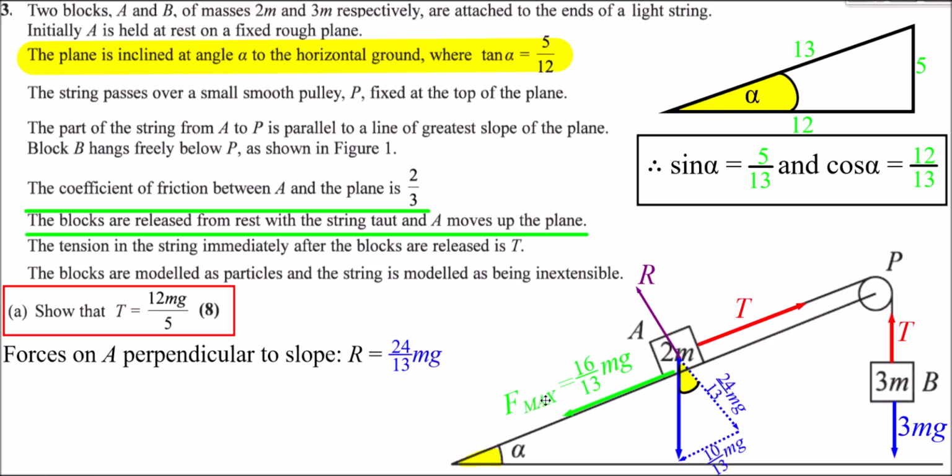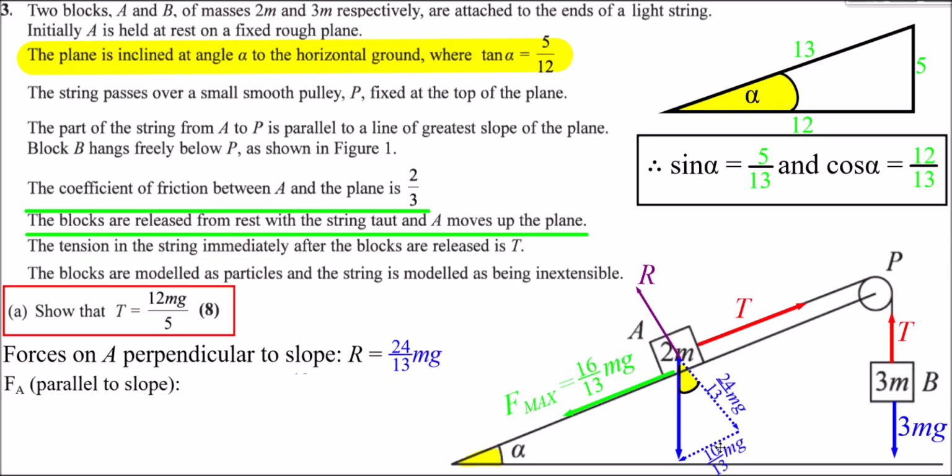So now we consider forces on A, but this time going parallel to the slope. So the object A is accelerating up the slope in this direction T, and so T will be the prevailing force. And so the net force going up will be T minus the forces going in the opposite direction to T. So the net force going up will be T minus F max minus this component of the weight going down the slope.